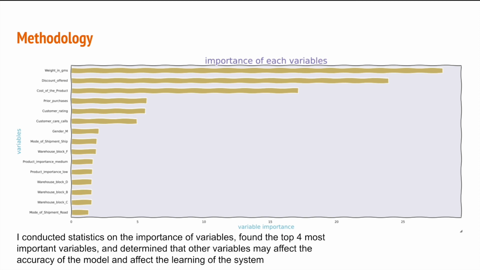The top four are weight in grams, and discount offer, and cost of products, and the last one, prior purchases, and these four variables have a strong relationship with delivering on time.